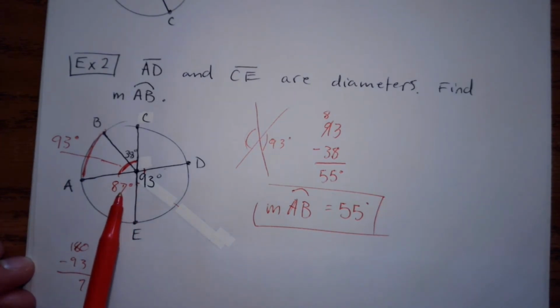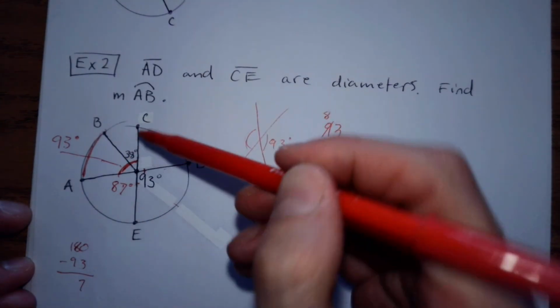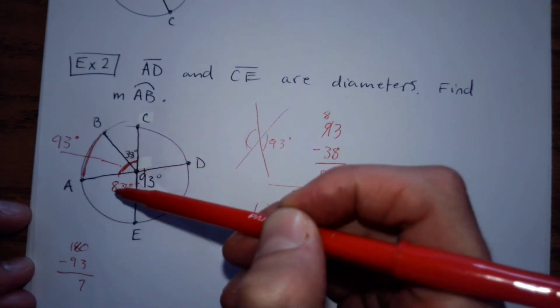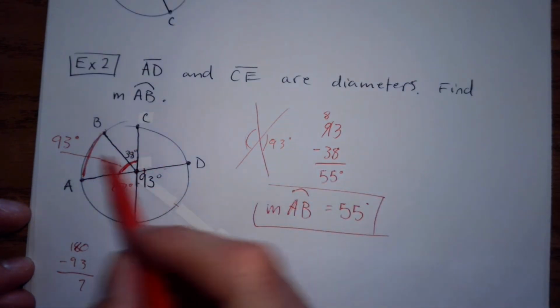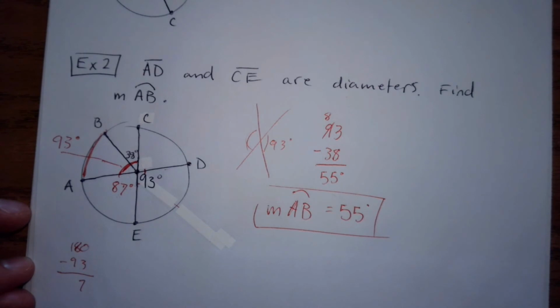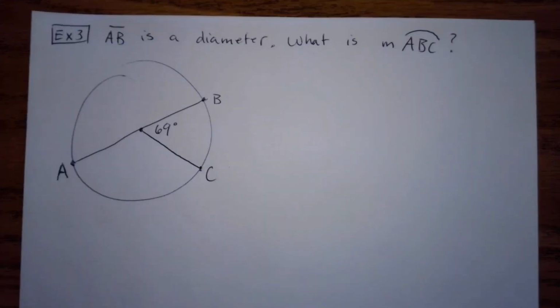Well, if this is 87, this is 38, then I could, again, subtract 38 and 87 from 180, and I would get 93. Sorry, not 93, 55. Okay, so 2 ways to do that. Sorry about not putting down the actual number.